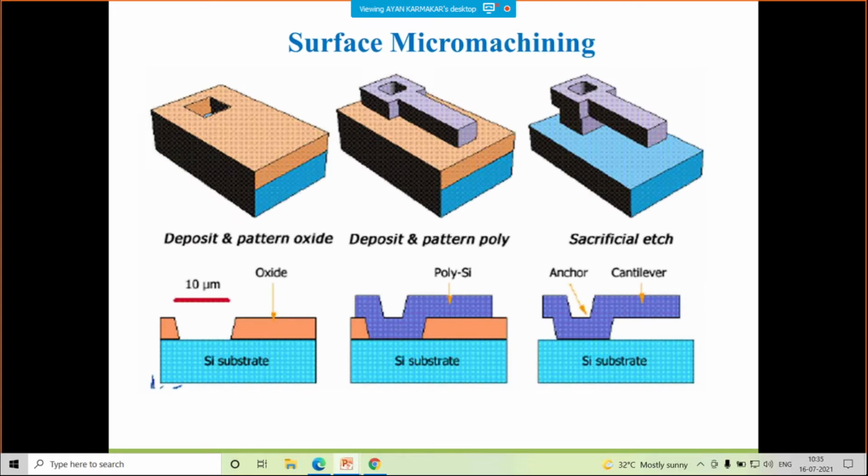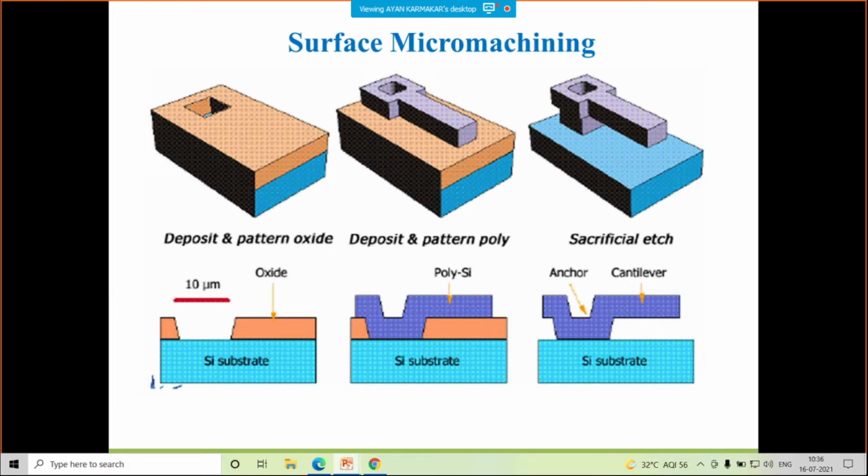Now coming to surface micromachining, this is an additive process, you can say. This particular additive process will offer you hanging structures, which are not present in the normal microfabrication or CMOS technique. That is the beauty of surface micromachining. In yesterday's lectures you have seen lots of cantilever applications.